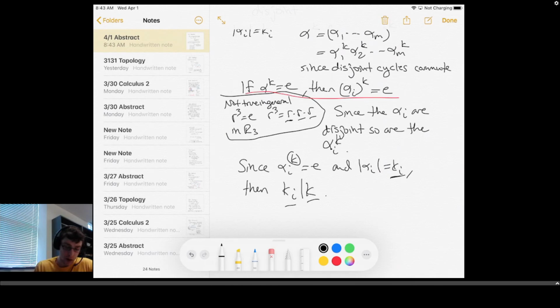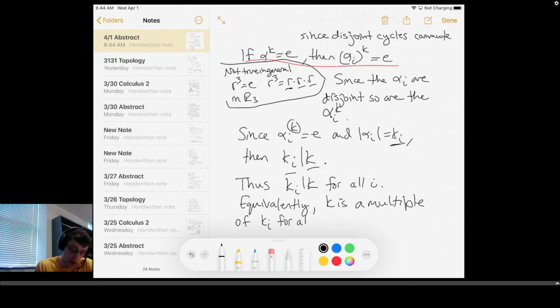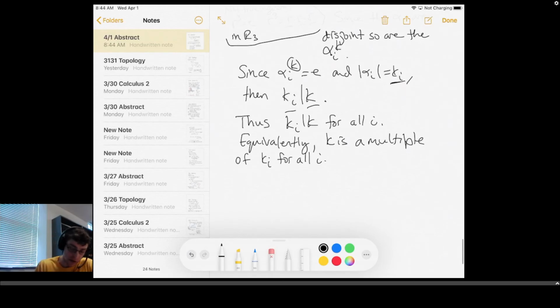Okay, so this is true individually, but it's true for any of these i's, right? i was arbitrary here. So k_i divides k for all i. Equivalently, we can think of this as meaning k is a multiple of k_i for all i, if alpha to the k equals e.